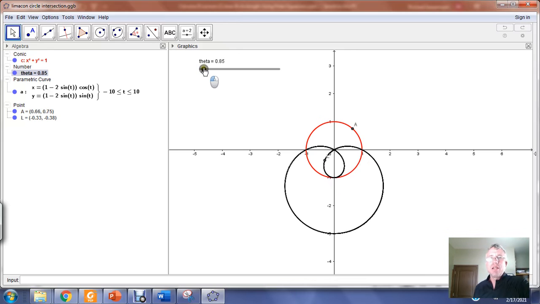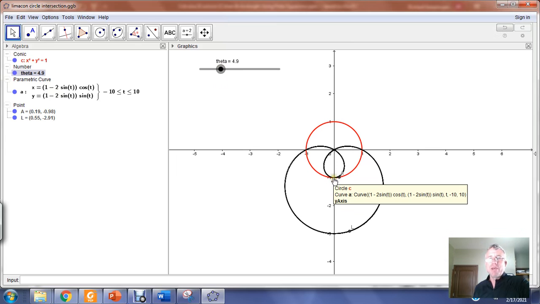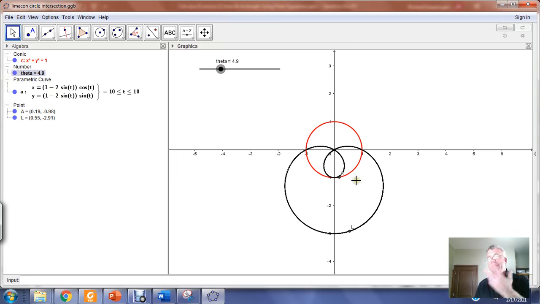So we're only going to find an intersection when not only is the radius the same, but the angle generating the radius is the same. And that never happens at this point right here. The angle generating the radius of 1 in this position is different for the limaçon than it is for the circle, and substitution won't find that point of intersection.